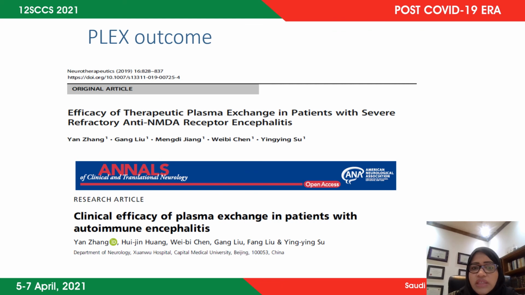In those studies, they noticed that there was remarkable improvement in the group who received the plasma exchange, clinically as well as in their antibody titers, in the first and second month of the treatment. However, after 6 months and 12 months, there was no significant difference in the treatment outcome.